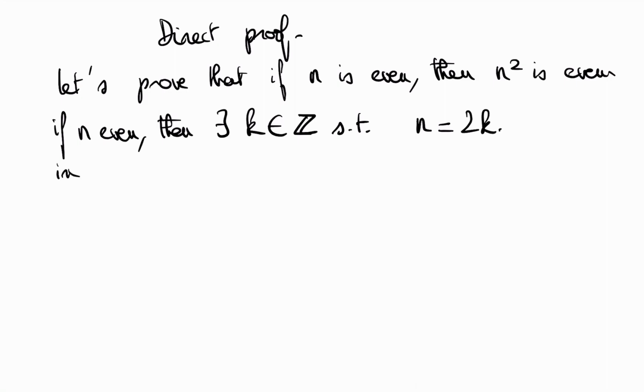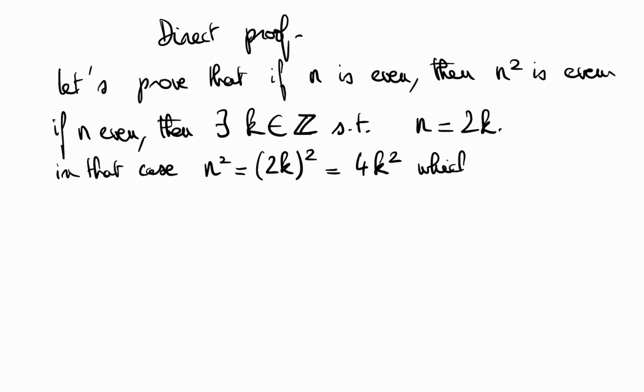Well, in that case, n square is equal to (2k) square, which is equal to 4k square, which is divisible by 2. Therefore, n square is even.